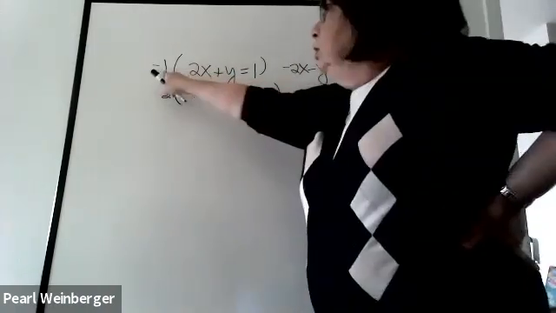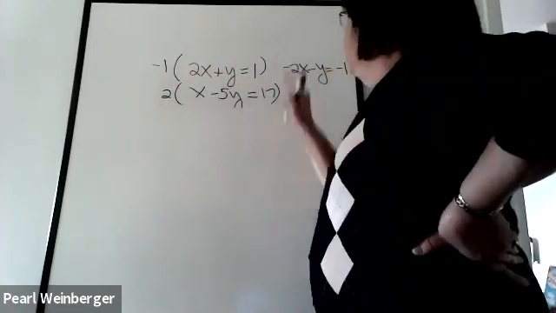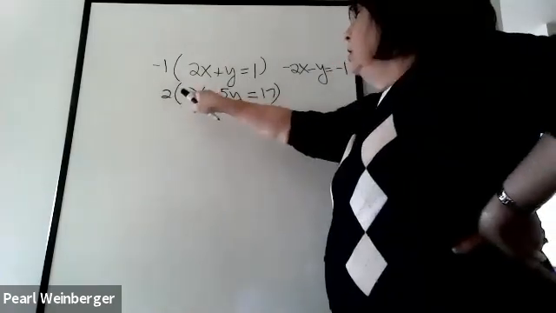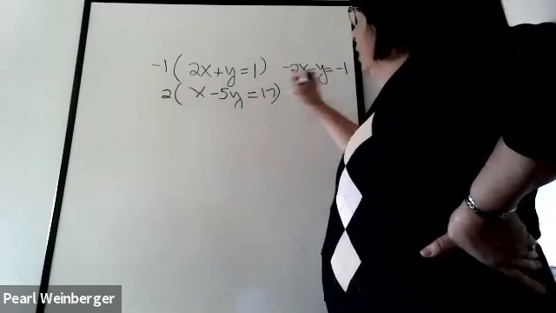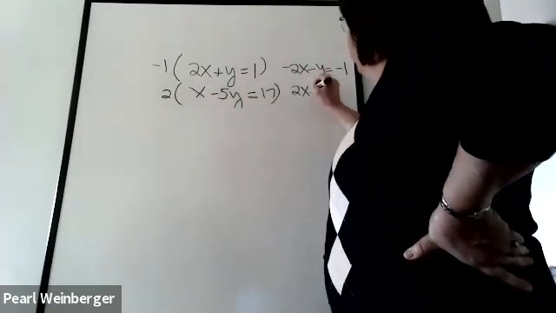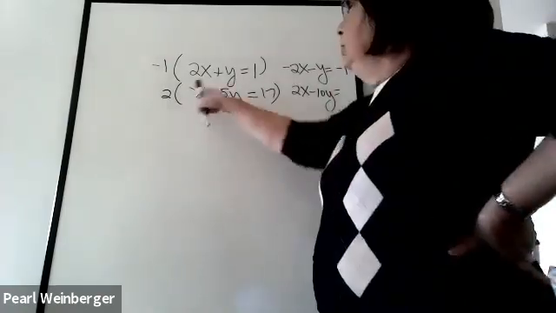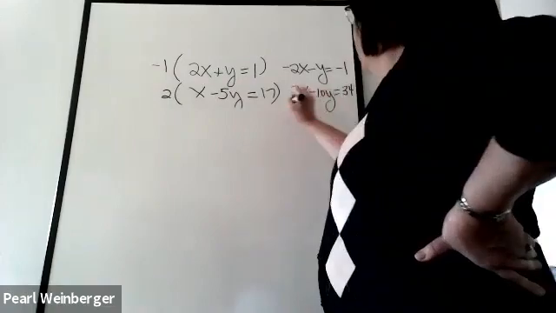I am distributing this -1 to each term. The second equation I'm multiplying by 2. So I'll do 2x. 2 times negative 5y is negative 10y equals 2 times 17, which is 34.